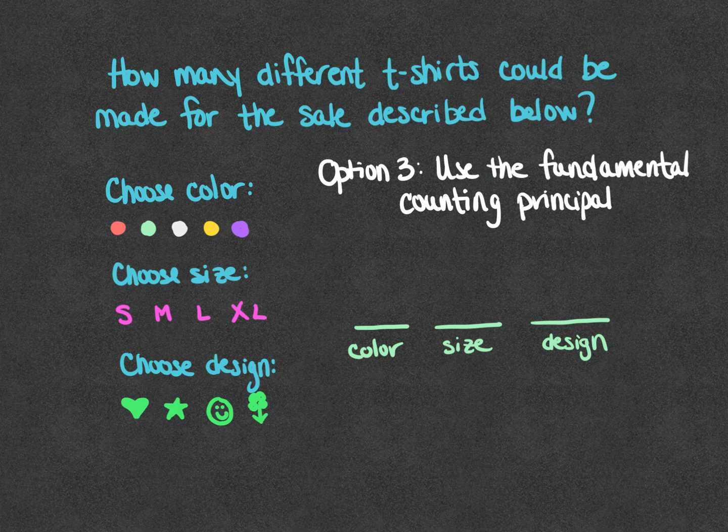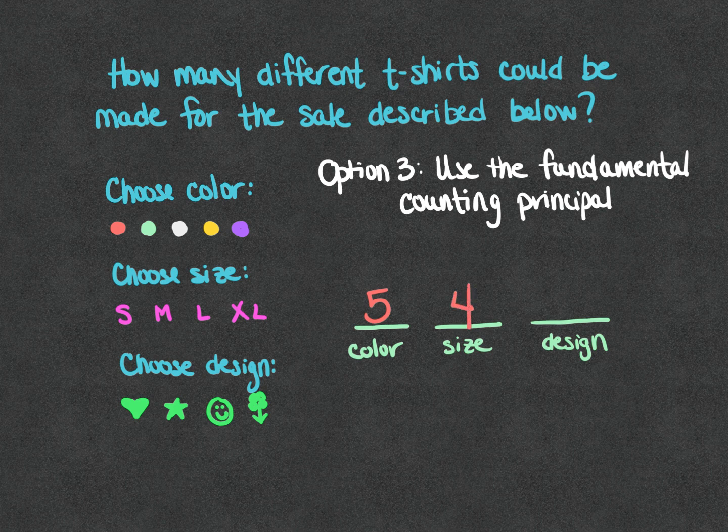The number I'm going to put in the blank will represent the number of options or choices I have for that particular decision. So when I look at color, for example, I have 5 choices for how many colors of t-shirt I could have. When it comes to size, I have 4 different choices.